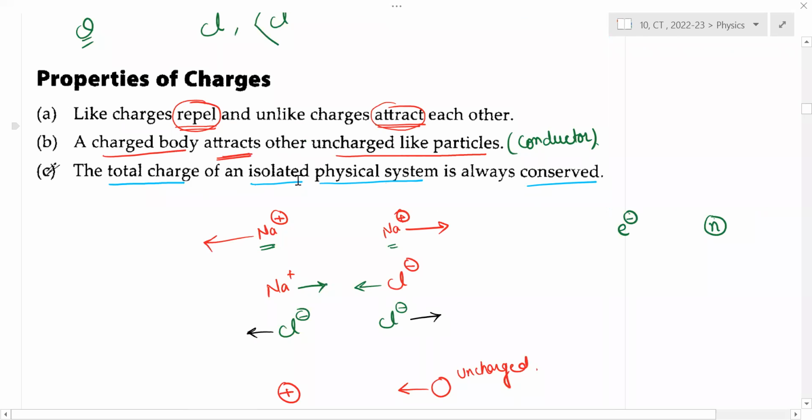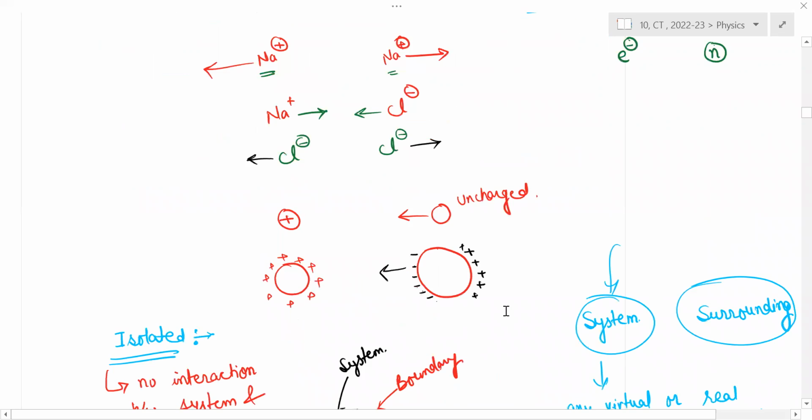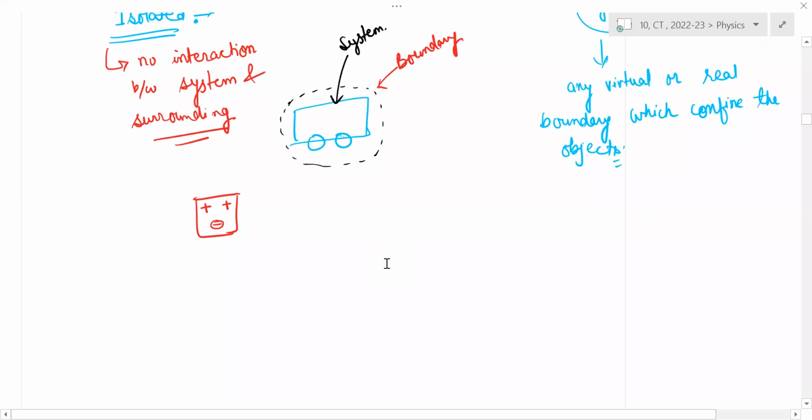Total charge of an isolated physical system is always conserved. These charges cannot move outside the boundary, so they will always remain the same. It remains conserved, meaning the net charge is always fixed. Is it clear for all of you? Yes, sir.